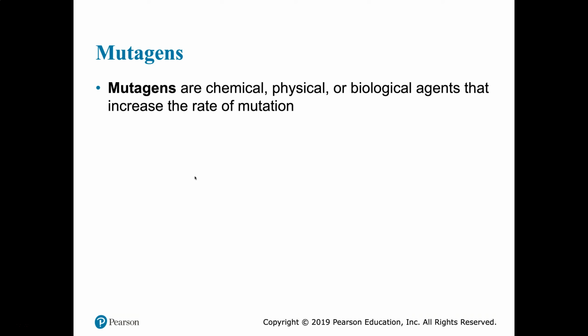With UV light, it creates something called a thymidine dimer, which I'll talk about later, that cross-links the DNA and messes up its ability to undergo transcription.